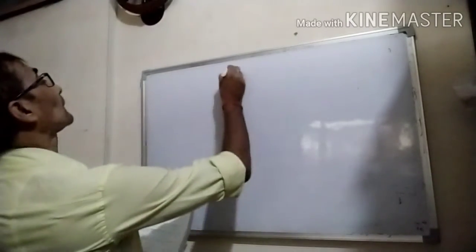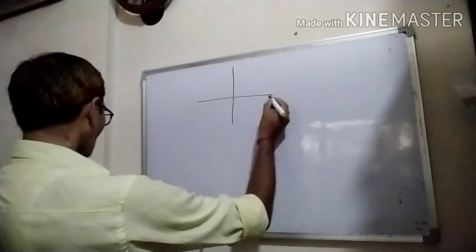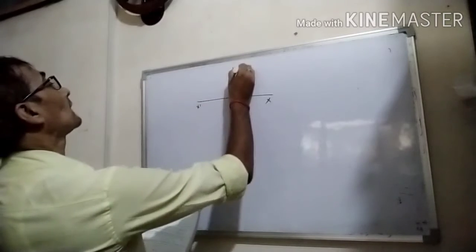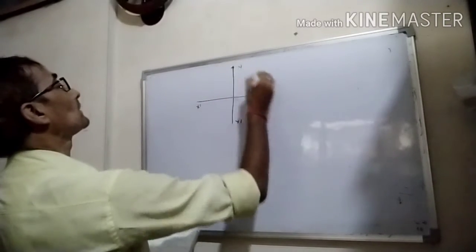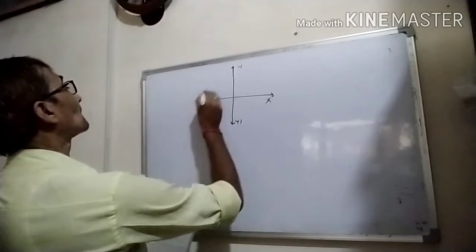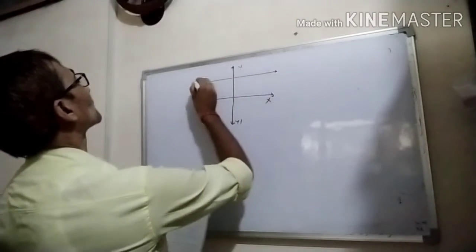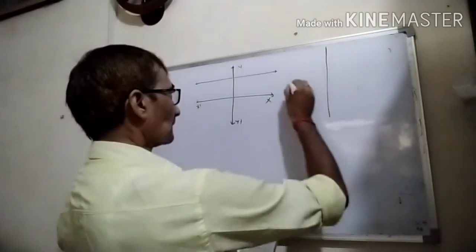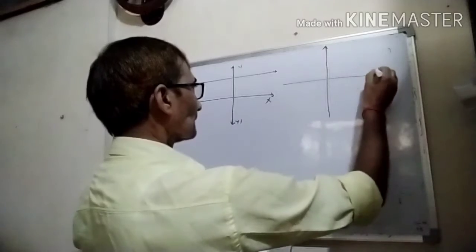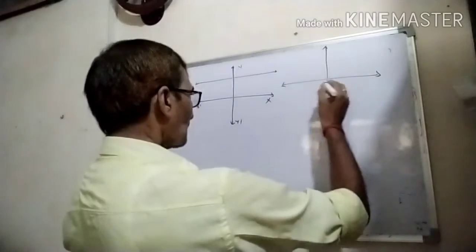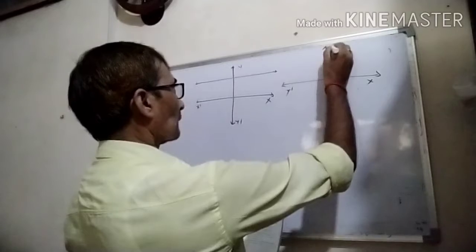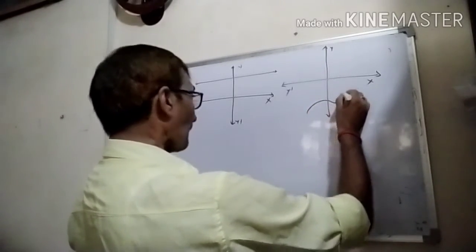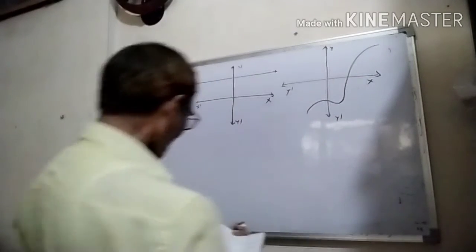Your first graph is x dash, y dash, and this is. Second is y dash, this.